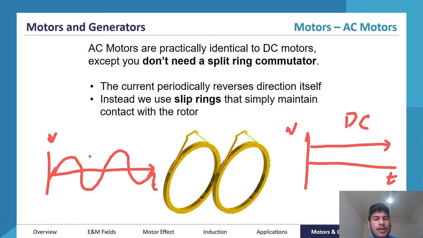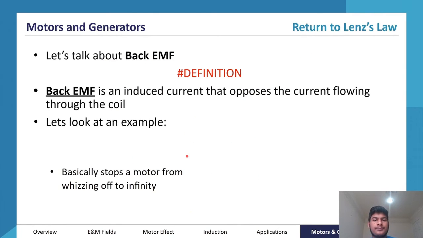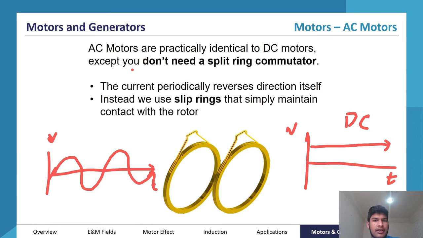So AC current flickers back and forth, positive and negative, and as a result, we don't actually need a split ring commutator. If it rotates 180 degrees and then the current itself flips direction, it's going to maintain that constant direction of rotation. So all that's required is to maintain contact with this coil while it's rotating. So that's what AC slip ring motors look like.